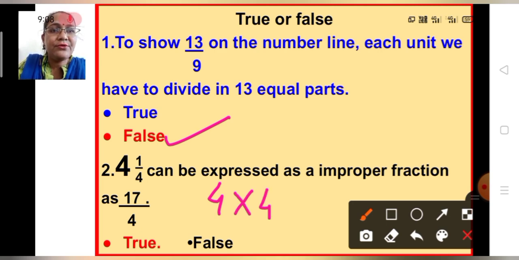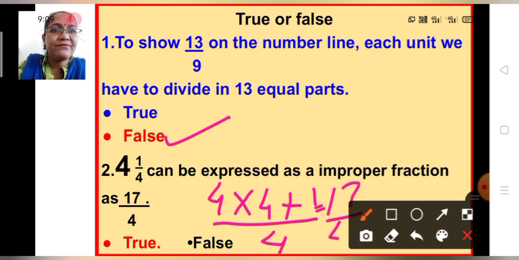And then we will add the numerator and we will keep the denominator the same. So here 4 4s are 16 plus 1 is equals to 17 divided by 4. So we will get the improper fraction as 17 upon 4, and it is mentioned in the statement. So our answer is true.